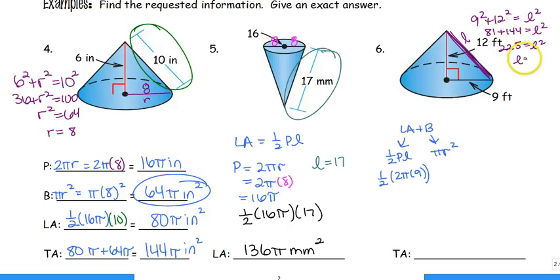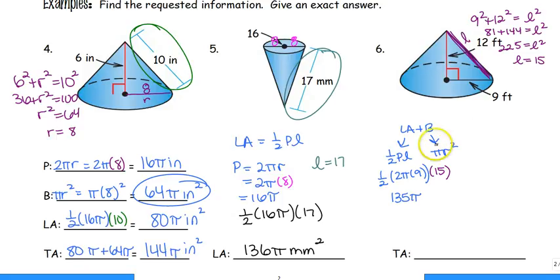So we square root that, and our slant height is going to be 15. So 1/2 times 18, or 1/2 times 2 is 1 times 9, is going to be 9 pi. 9 pi times 15 is going to give us a lateral area of 135 pi.